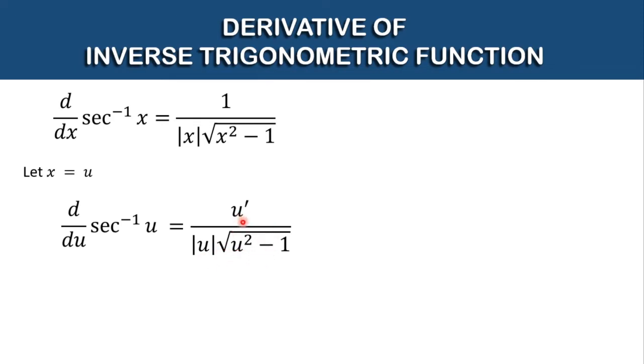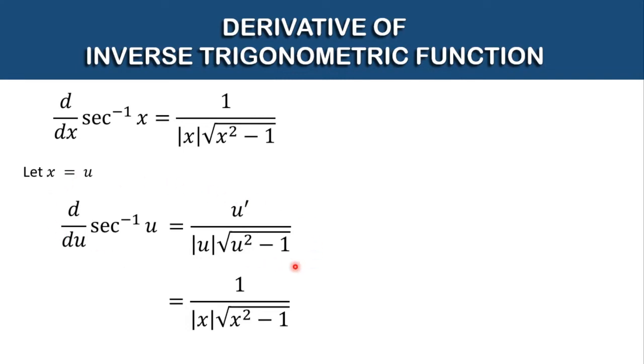So, again, u prime is 1 and u is equal to x. That's why we have 1 over the absolute value of x times the square root of x squared minus 1. So, this is the derivative of arcsecant of x. So, ito yung gagamitin nating pattern mamaya in solving the problem.